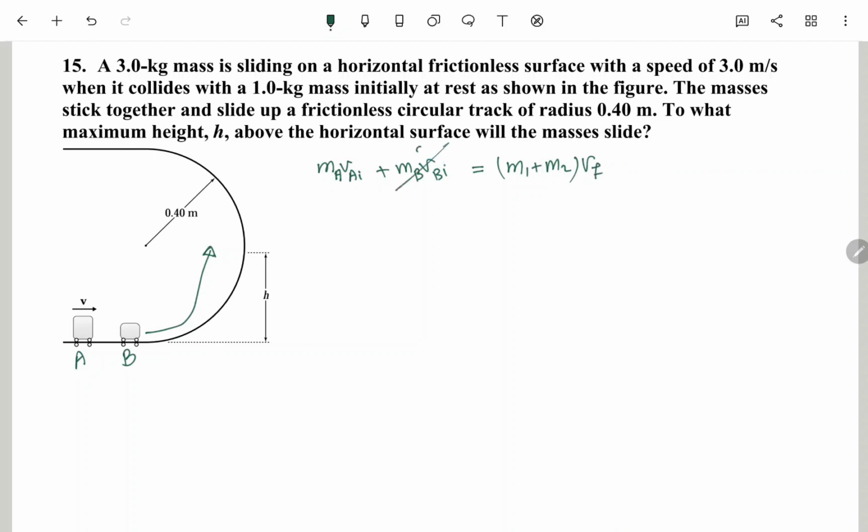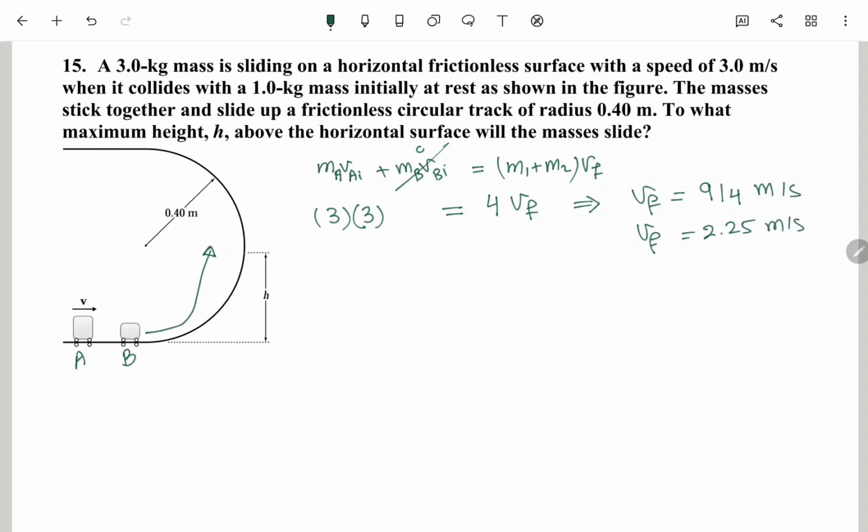Now this one is initially at rest, so the 3 kilogram mass with speed equal to 3 equals 3 plus 1, which is 4 v final. From this one here, v final will be equal to 9/4 meters per second, or v final equals 2.25 meters per second.